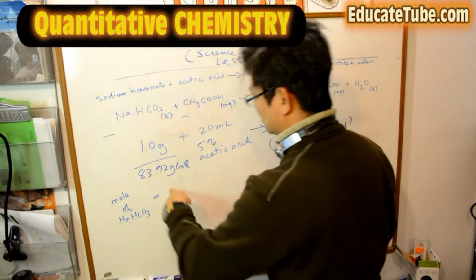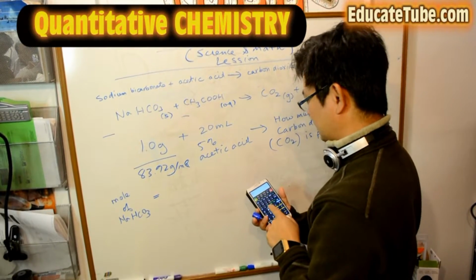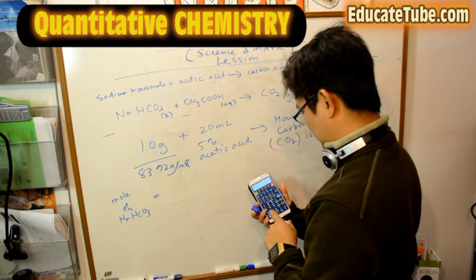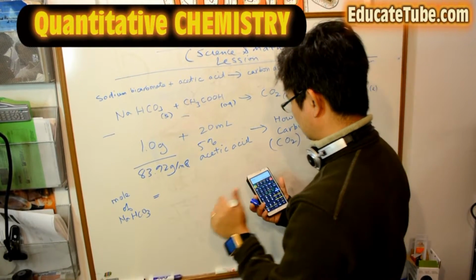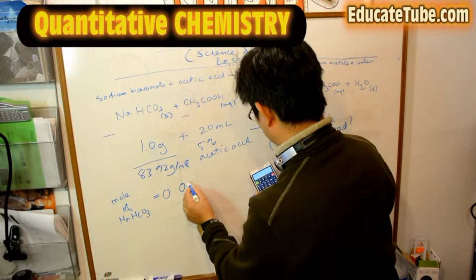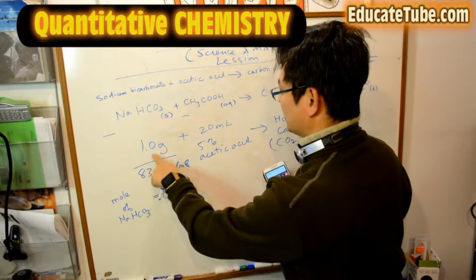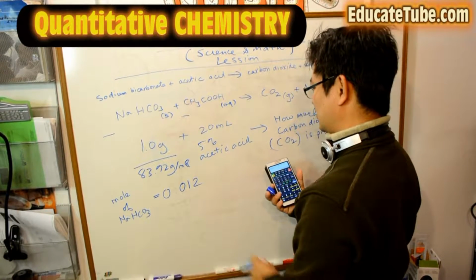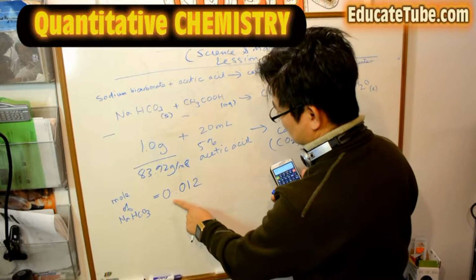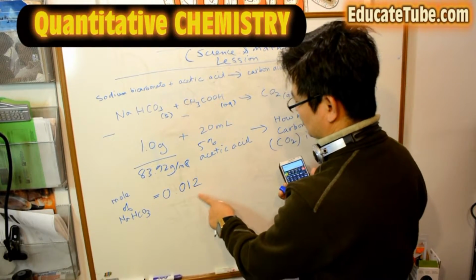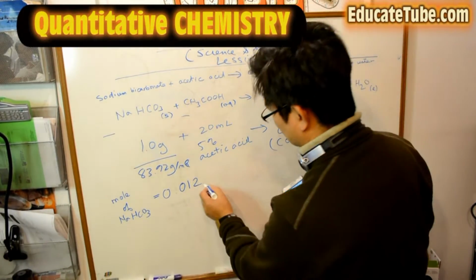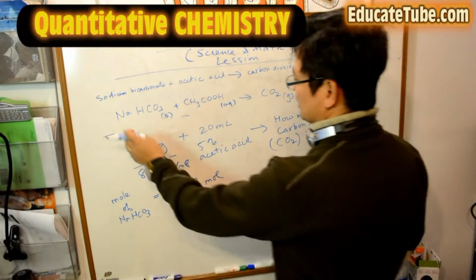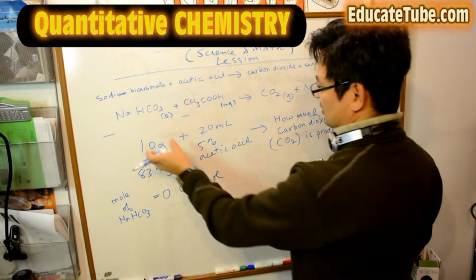When you divide 1 by 83.92 grams per mole, I get 0.012. Because we're keeping two significant digits, that's 0.012 moles. So that's how many moles are given here.